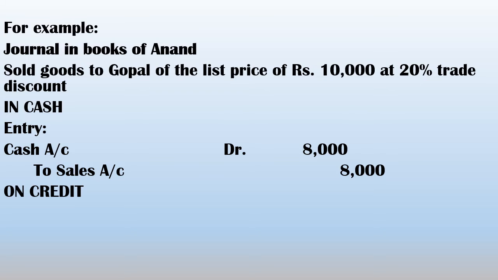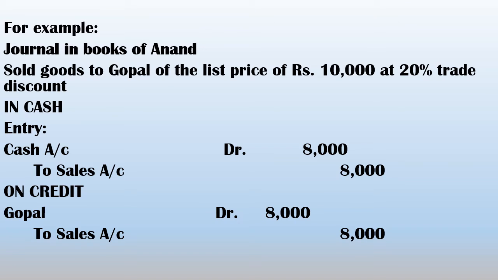Similarly, on credit, Gopal debit to sales account 8,000. Since we are doing this on credit, Gopal becomes the receiver of the goods, and so we know the entry for the credit sale.